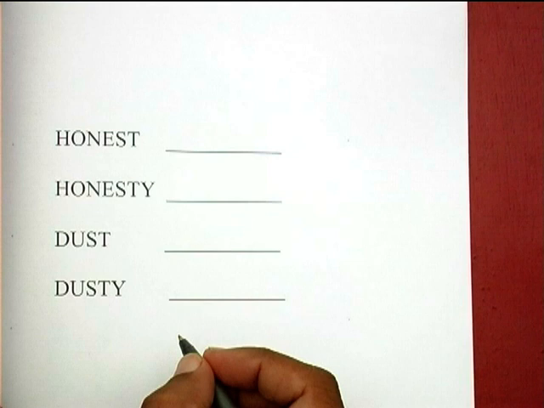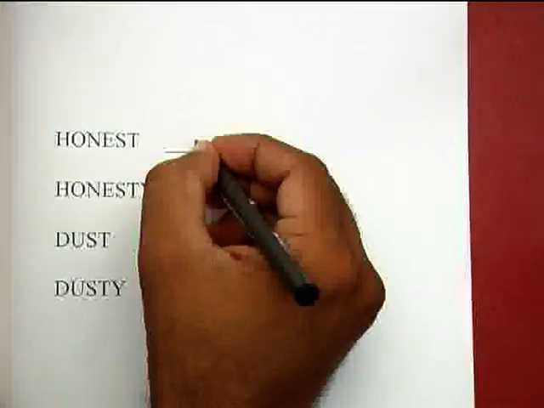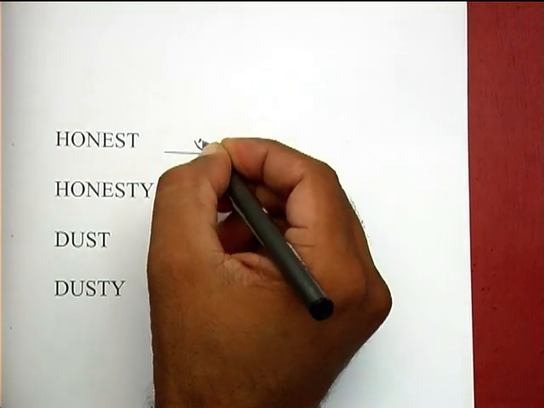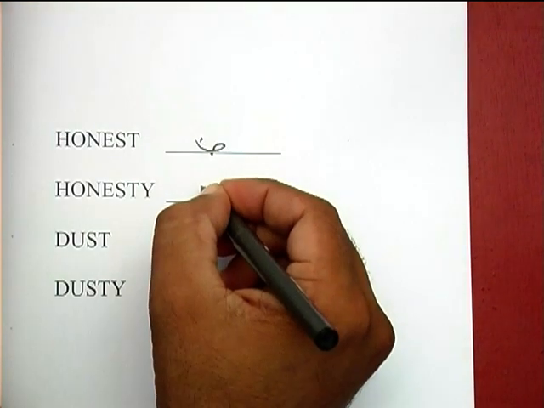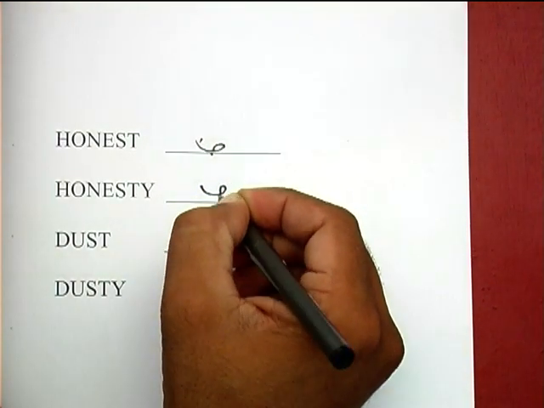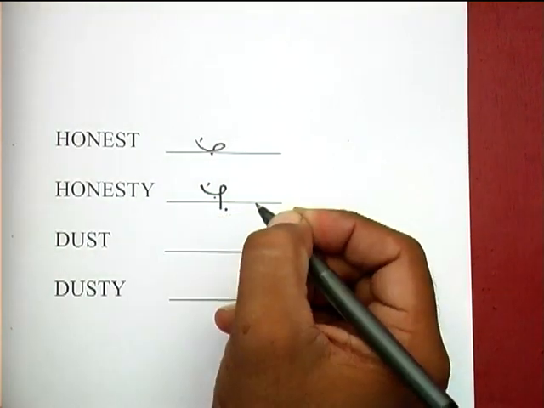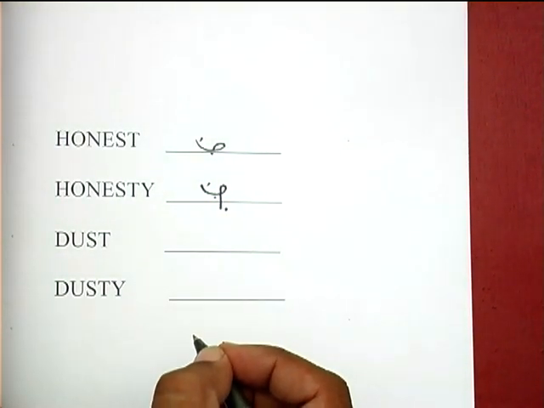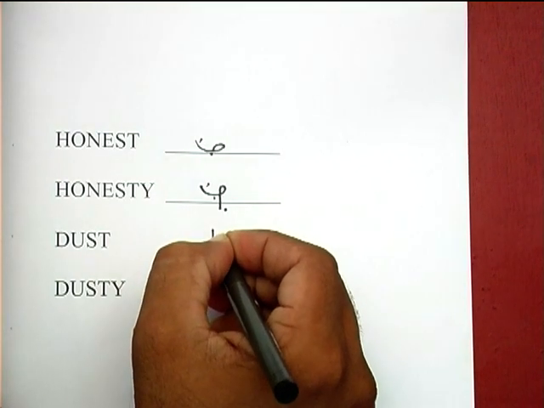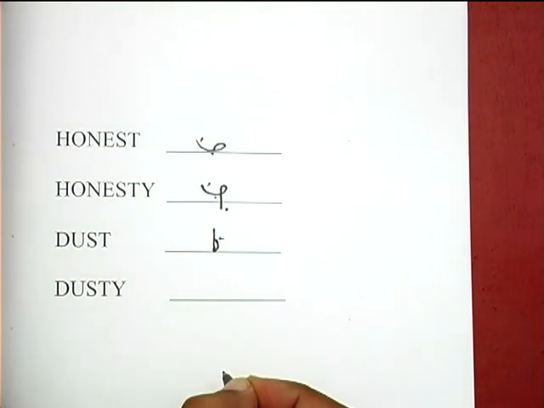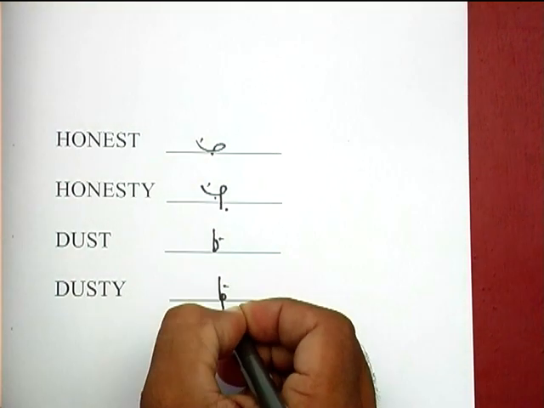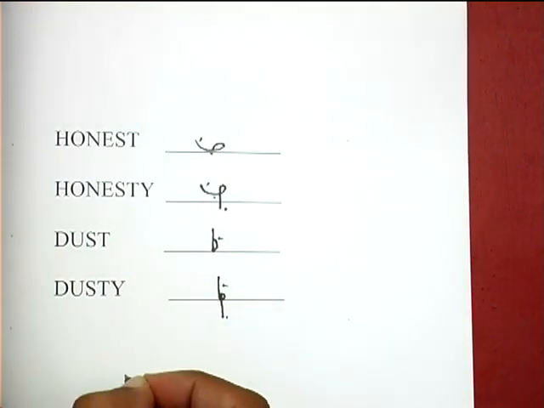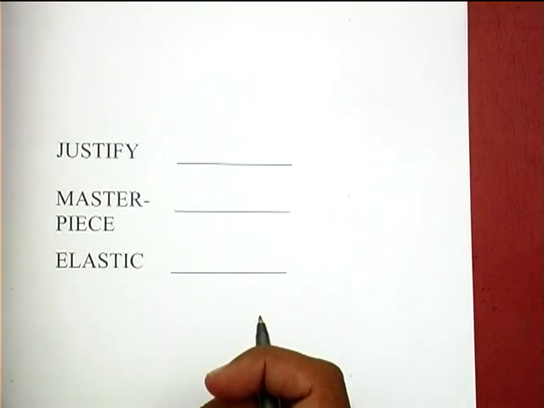In such cases, the outline should be written in full, like in the following words: honest, but honesty, dust, but dusty.